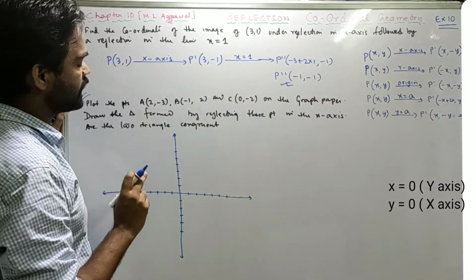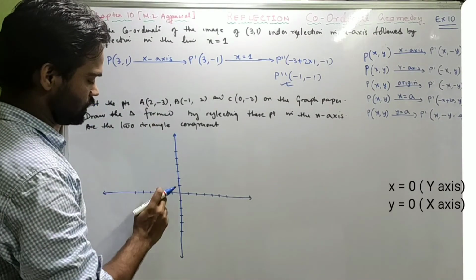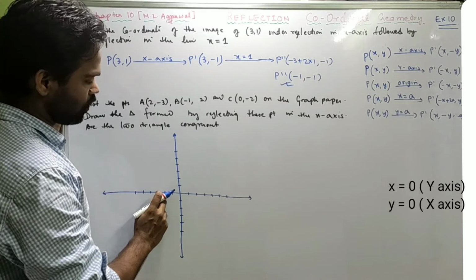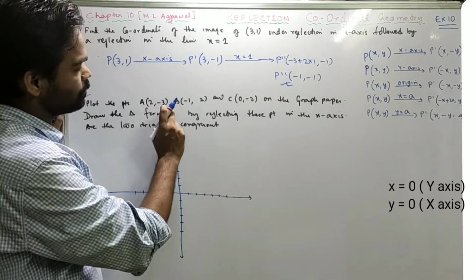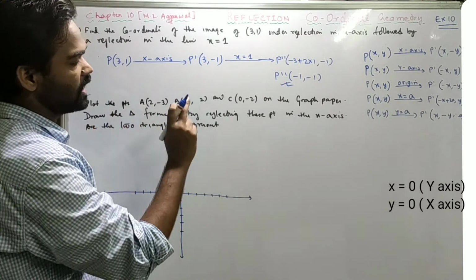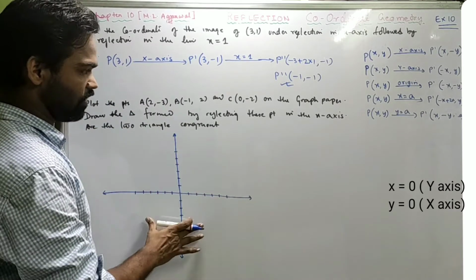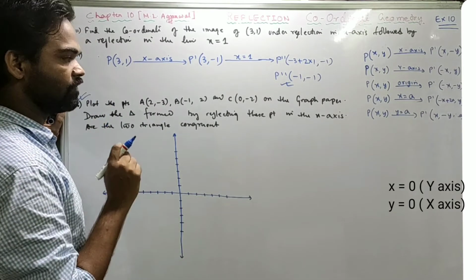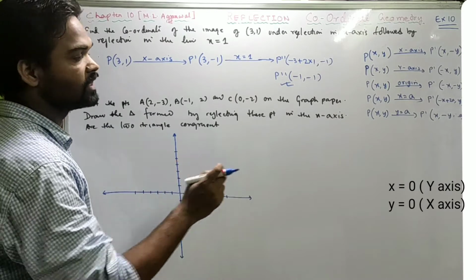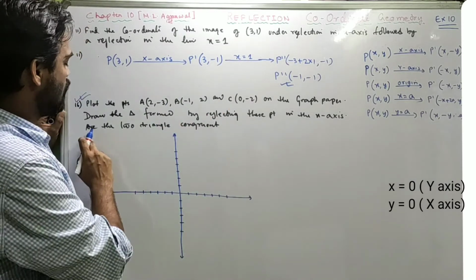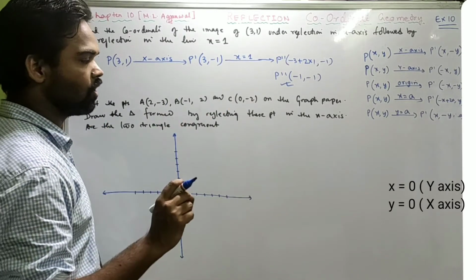Now look at sum number 16. Plot the points A (2, -3), B (-1, 2), and C (0, -2) on the graph paper. Draw the triangle formed by reflecting these points in the x-axis. Are the two triangles congruent?